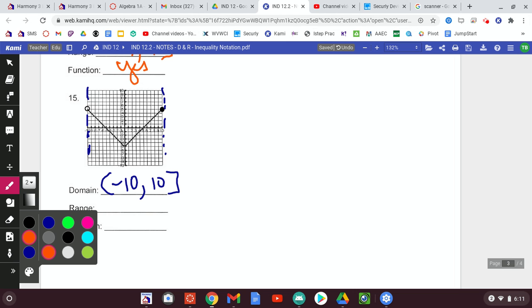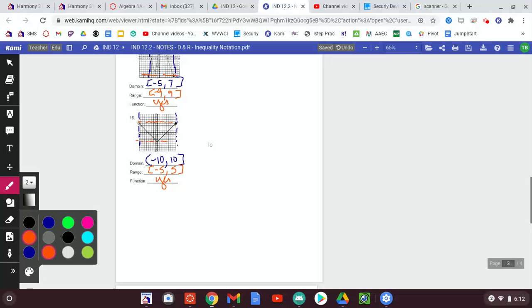If you look at your range, our floor here is at -5, and it does touch -5, so that would be a hard bracket. Our upper line is at +5, and it's a closed circle, so again, that would be a hard bracket. Is this a function? Yes, it does pass the vertical line test, so that would be a function.